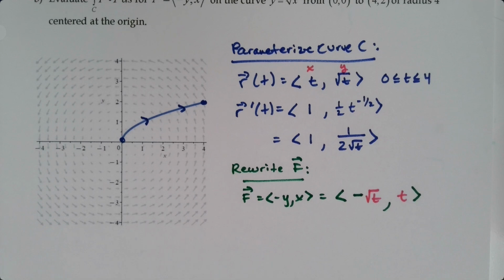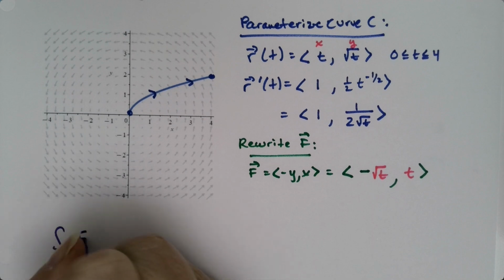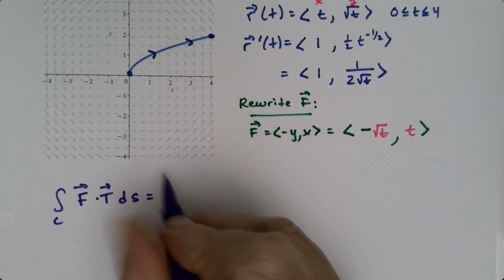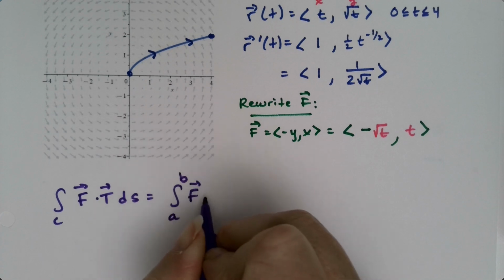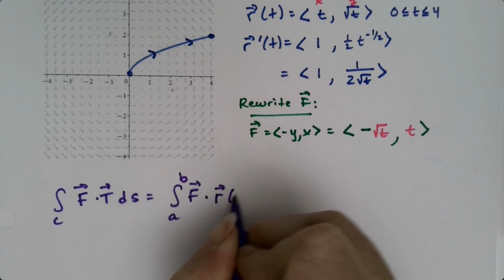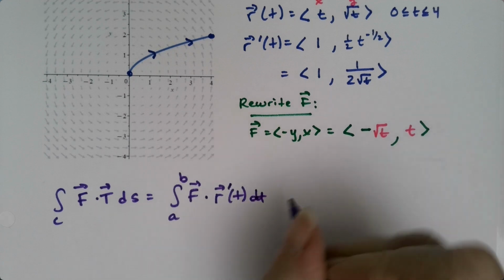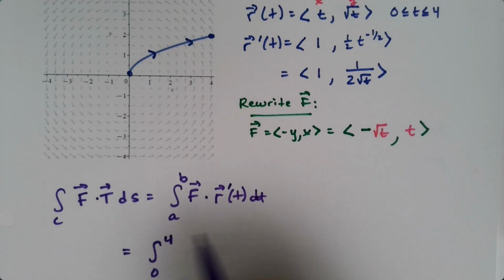All right, now let's find the integral. The circulation integral over the curve of F dot T ds over the arc of the curve is equal to the integral from a to b of F dot product with the derivative of my parameterization function, dt. Which is equal to the integral from 0 to 4.